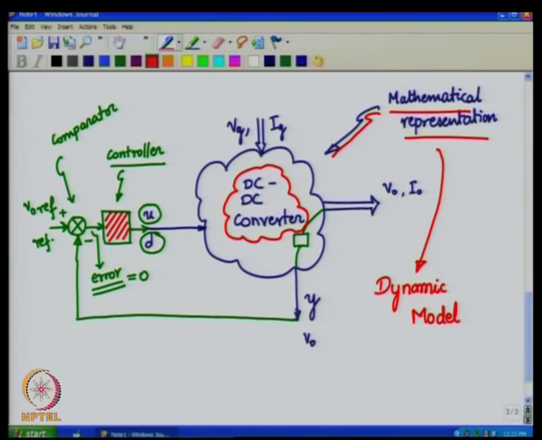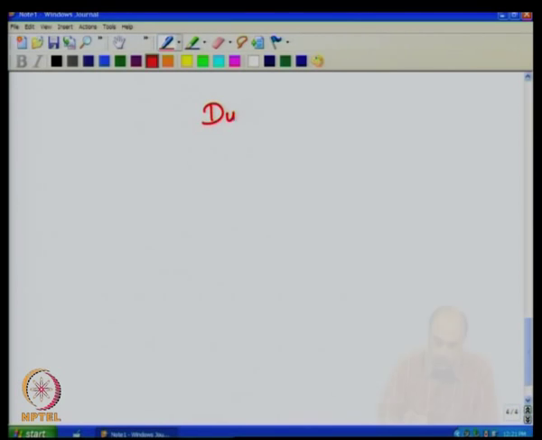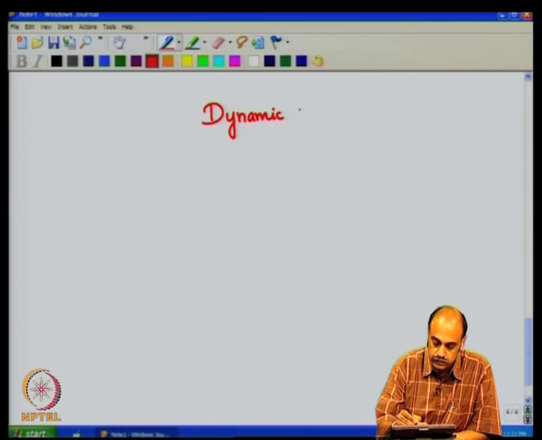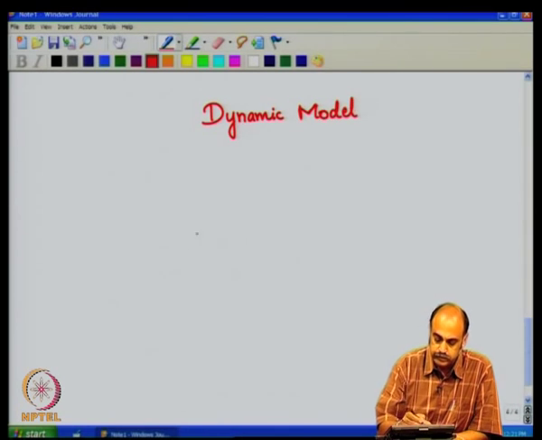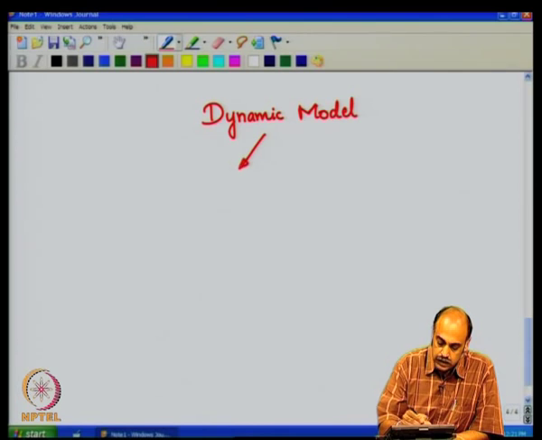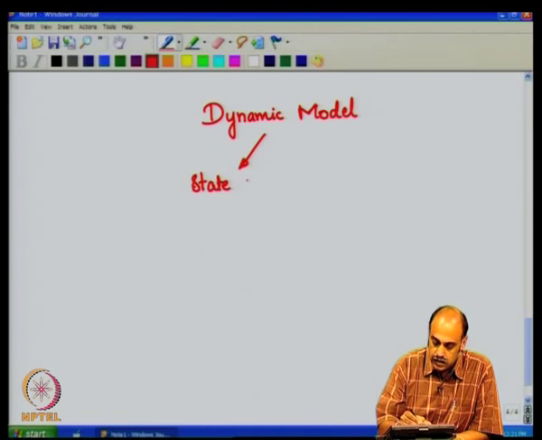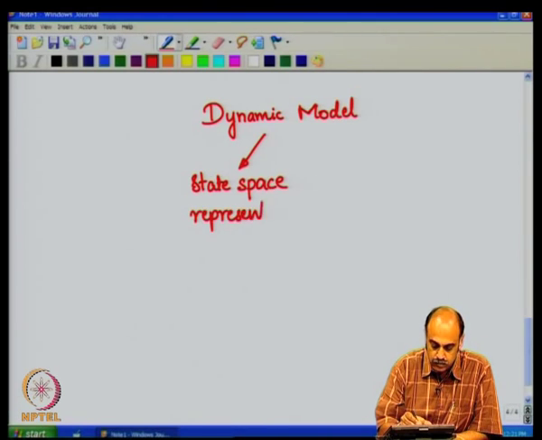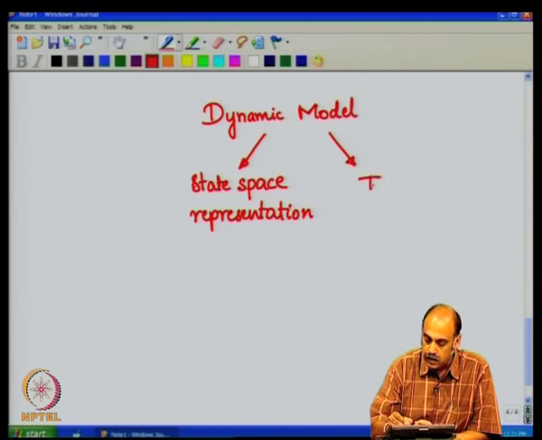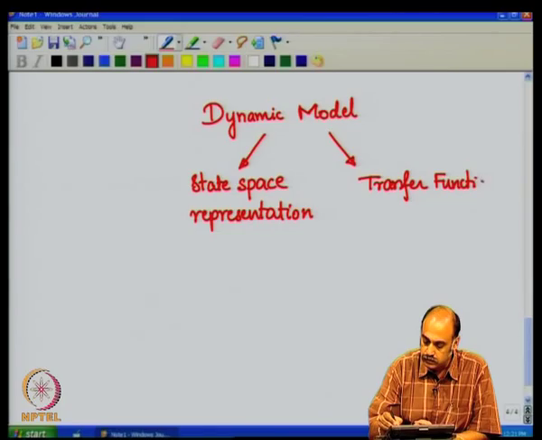This dynamic model can be represented in two basic ways: the state space representation and the transfer function representation.